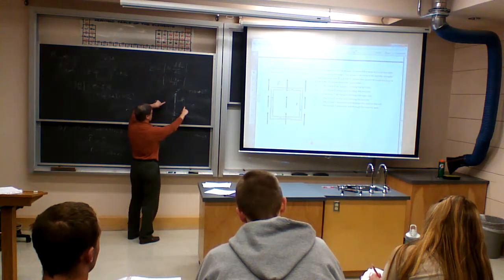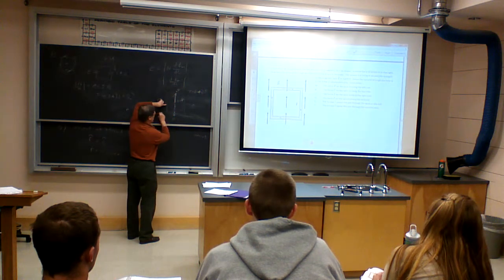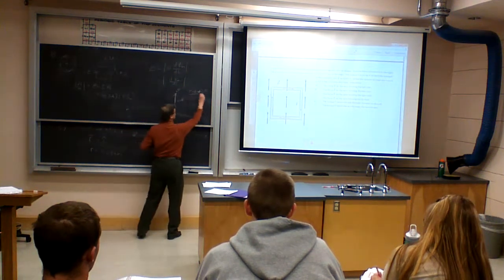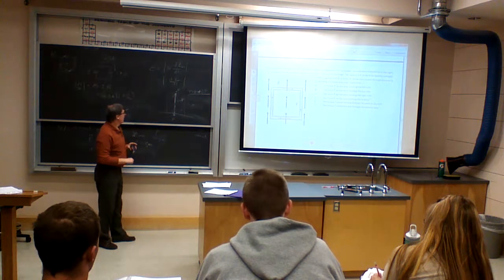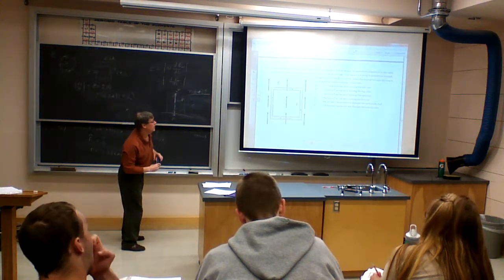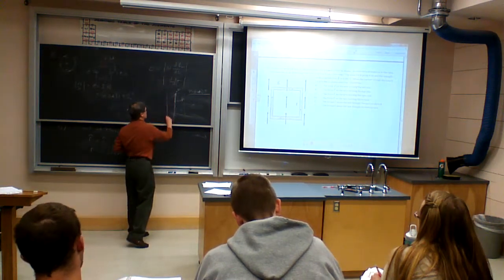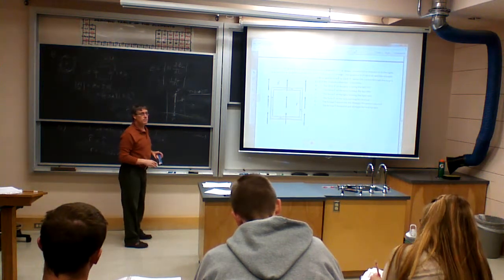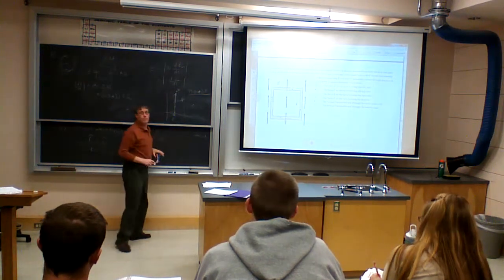What's the torque due to this wire and this wire about the bottom wire? 0. The torque about this one is that. And what's the torque about the wire on the left? 0. It's going to be 0, because these two cancel.